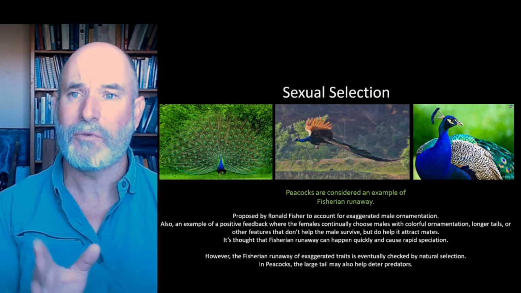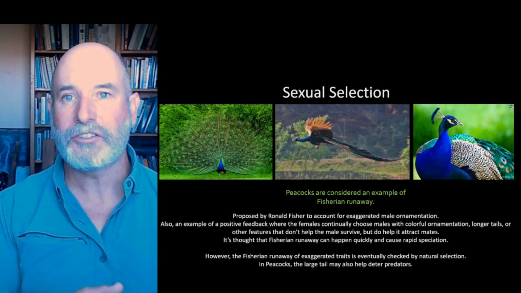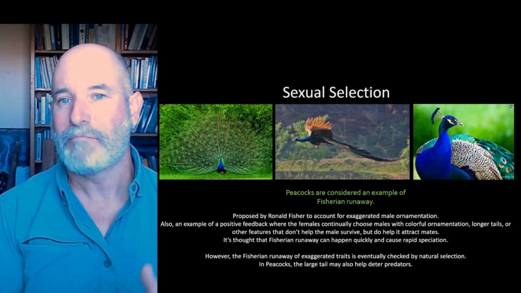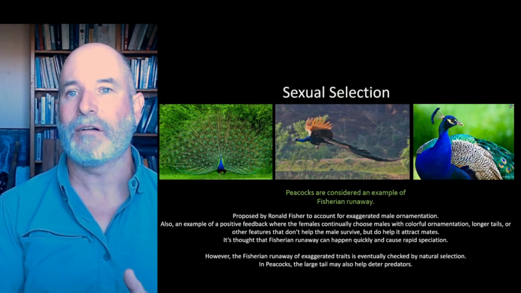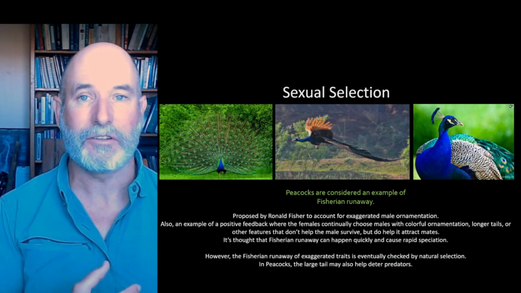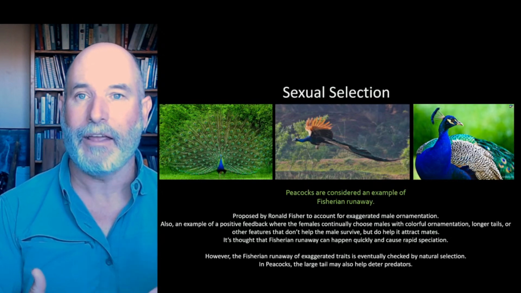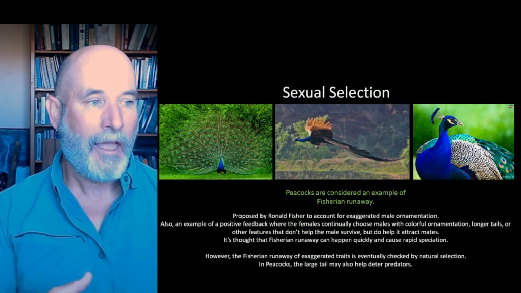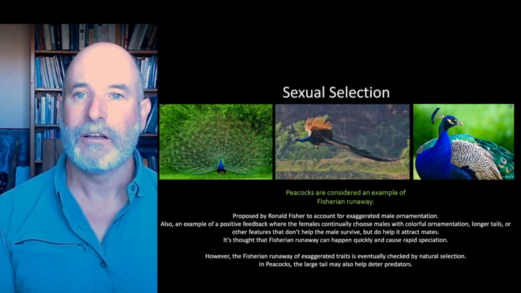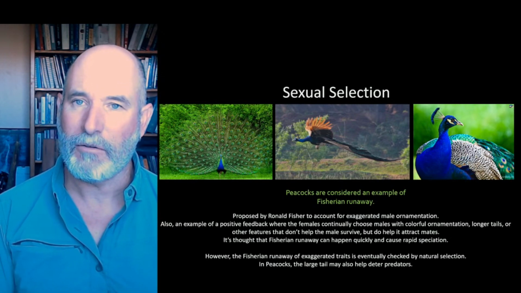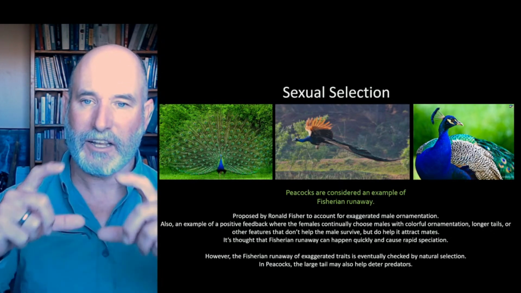So eventually with runaway sexual selection, you're going to get checked by natural selection. You're going to become so ornamented that you might not be able to forage for food. You might not be able to fight off diseases. You might get nailed by a predator. And when we look at the peacock's tail, if you look closely, you'll see that it looks like it has lots of eyes.